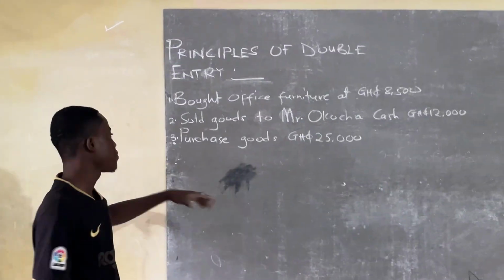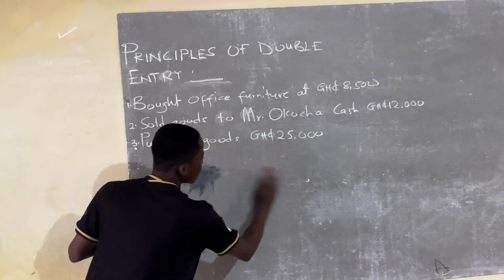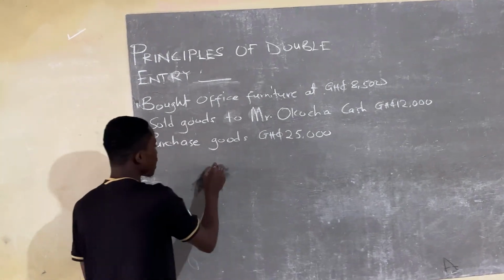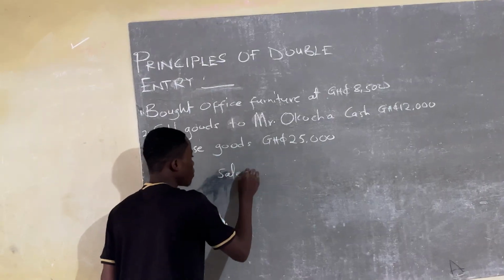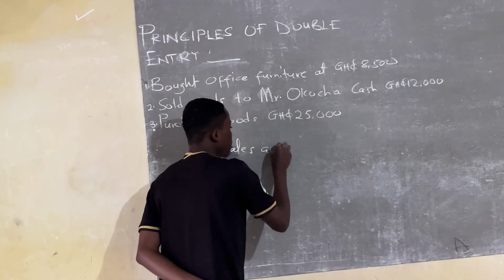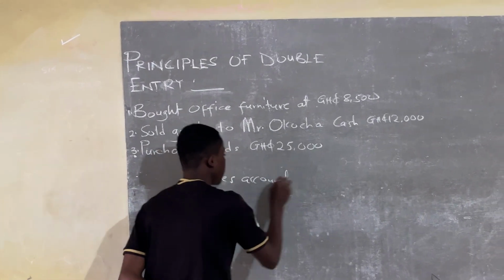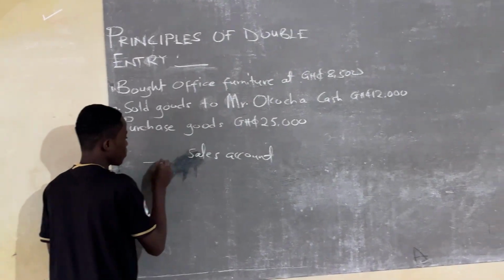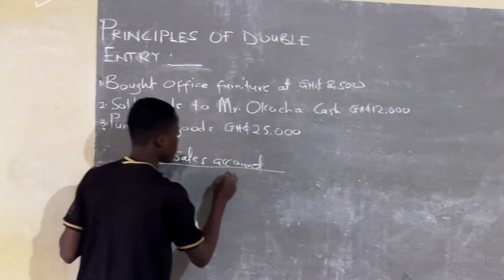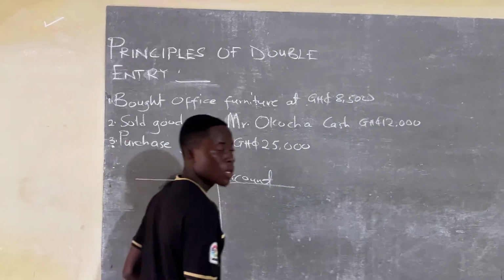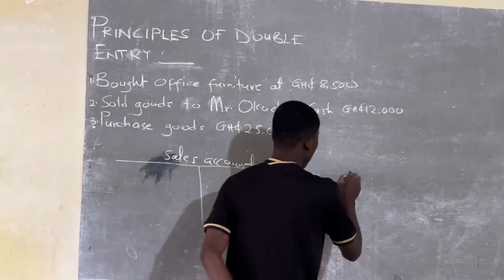So now let's put it into action. We have the sales account, and we also have Mr. Okocha's account.